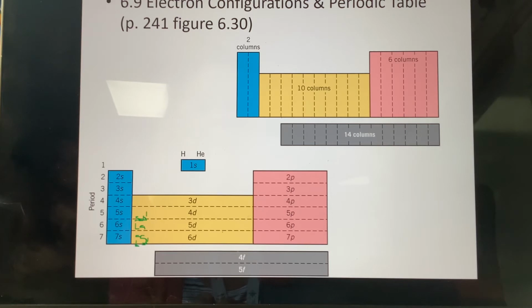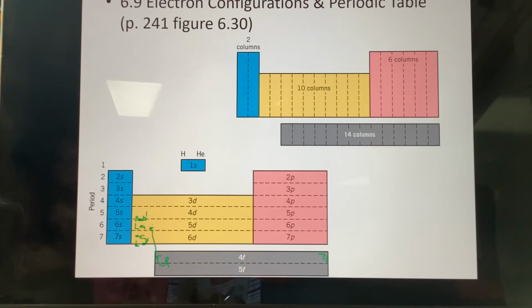But before we fill the rest of the d's, then we fill the f's. So after lanthanum, then comes 4f, which would be cerium, is 4f1. And we do all of the f's. If you look at their atomic numbers, that ranges from 58 all the way up to 71. So this is element 71, which would be 4f14.